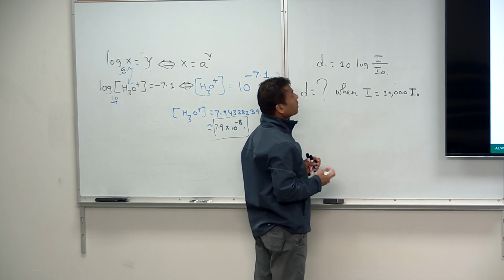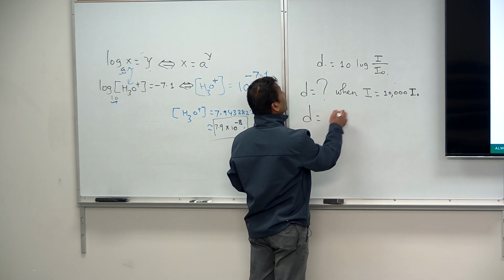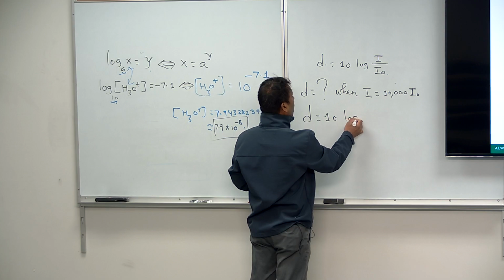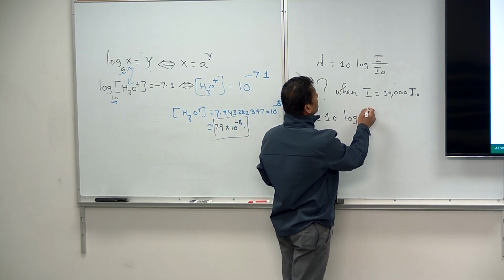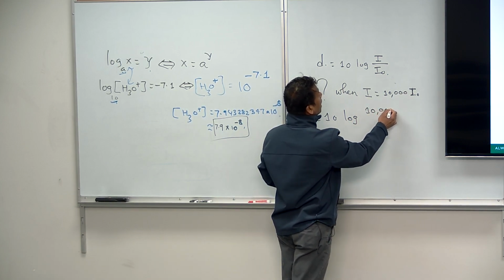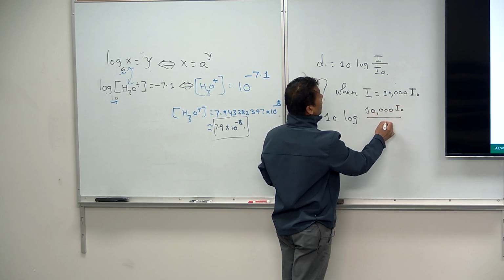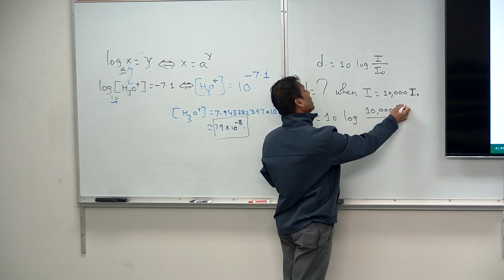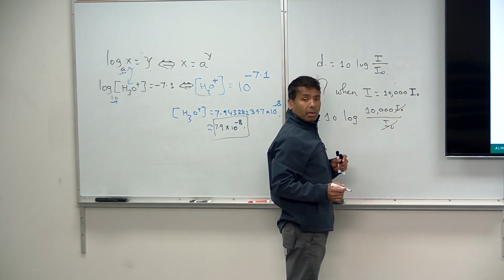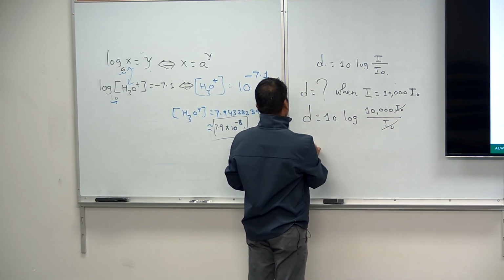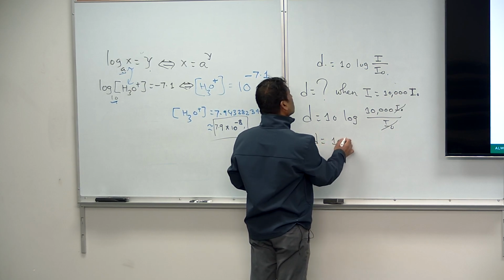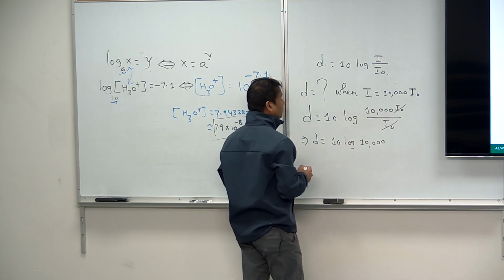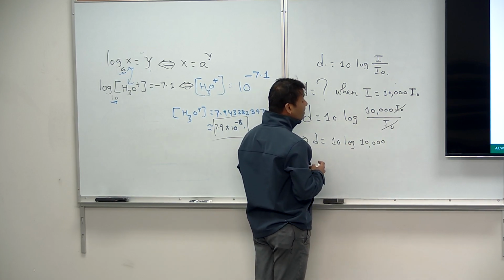Makes sense? So you just plug in I equal to 10,000 I sub 0. This is 10 log of 10,000 I sub 0 divided by I sub 0. Simple, right? And then this I sub 0 and I sub 0, you cross them out, you cancel them. So that will give you D equal to 10 log 10,000.